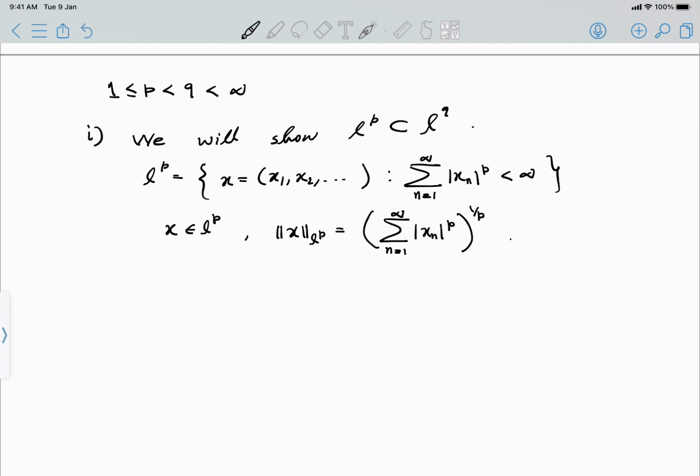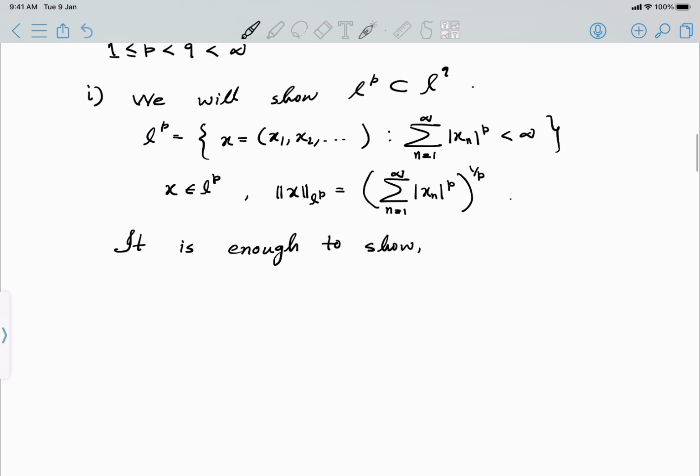So in order to show that ℓp is a subset of ℓq, it is enough to show that the ℓq norm of x is less than or equal to the ℓp norm of x.